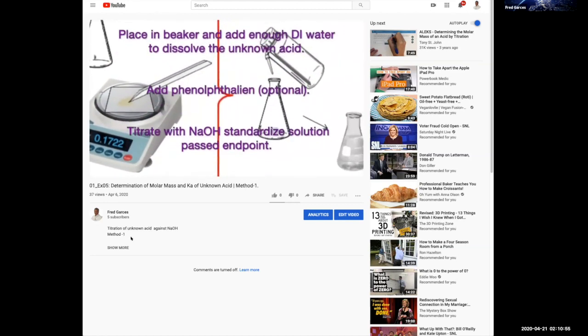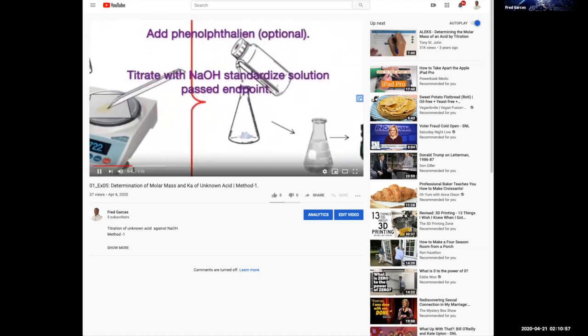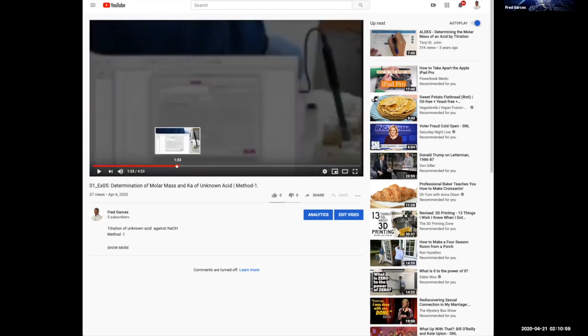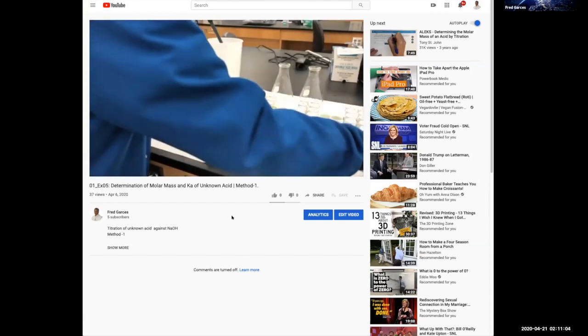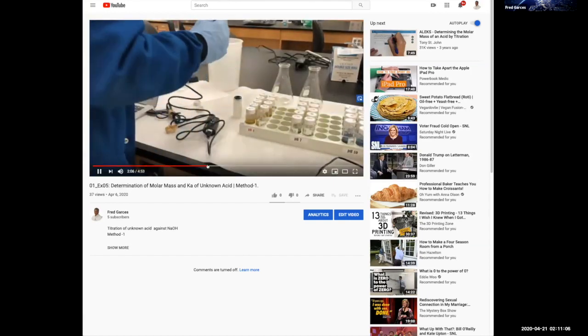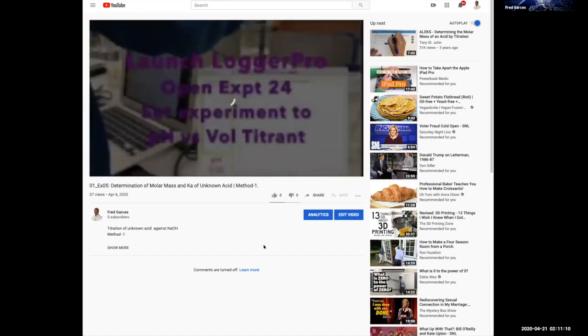And here's the procedure. So let me go ahead and scrub through this because I really want to show you the experiment itself. So here I am calibrating the pH probe.